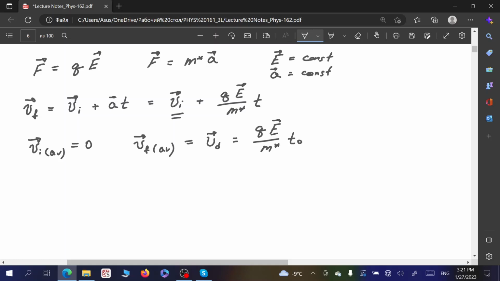This t naught is a specific, quite short time interval between two successive collisions. So we assume that the charge carriers are accelerated in the direction of the electric field during this time between two successive collisions with the crystalline lattice. So when they are in kind of free flight, they are experiencing the external electric force. This electric force accelerates them. They gain velocity until the next collision.